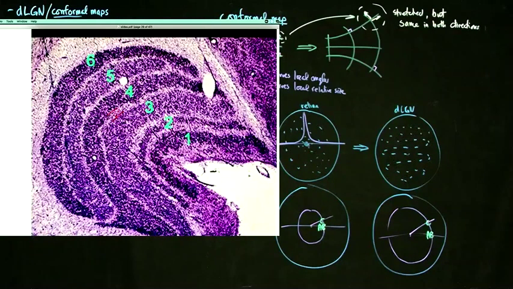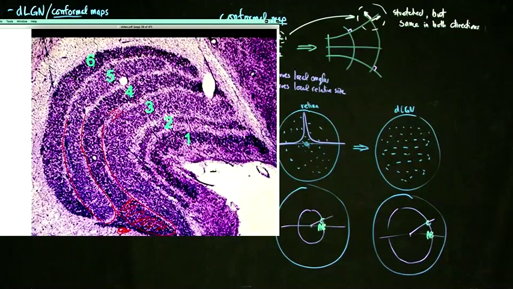You can see how this layer comes and kind of stops, and then this layer continues. That's an example of where there's no equivalent of this layer here. So this part right here is the monocular part, so it's only seen by one eye.